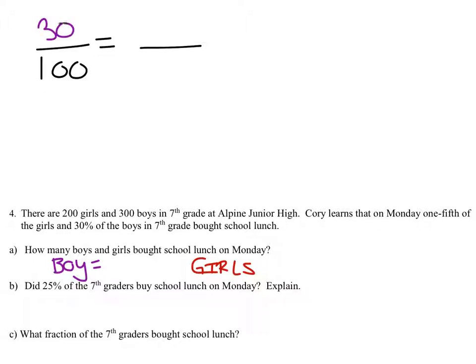So 30% of the boys bought school lunch, and 100% of the boys would be 300 people. So we've got to figure out how many of the 300 bought school lunch. And this one actually looks easier if we just use scale factors. So this one is 90 boys.